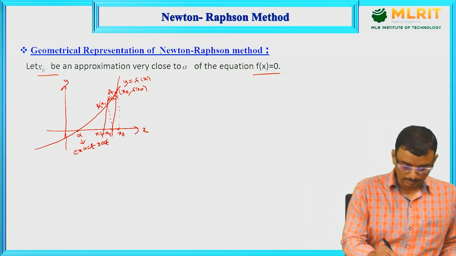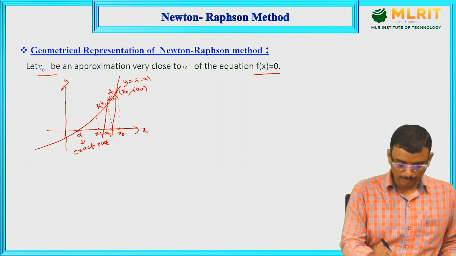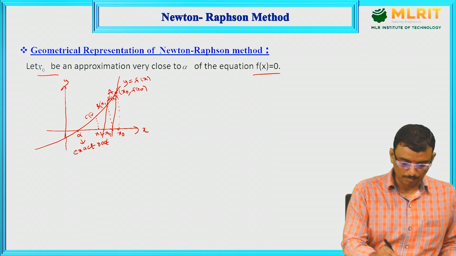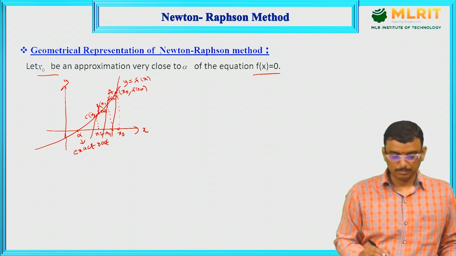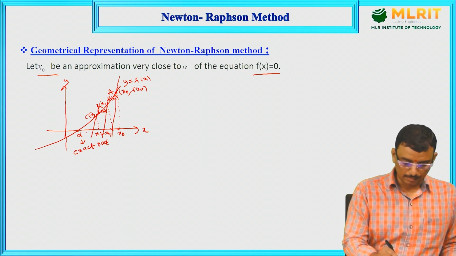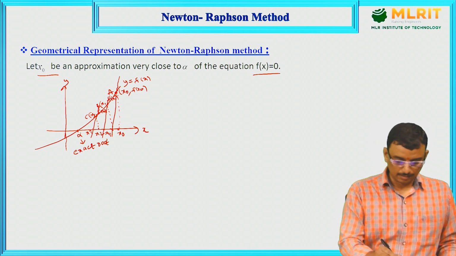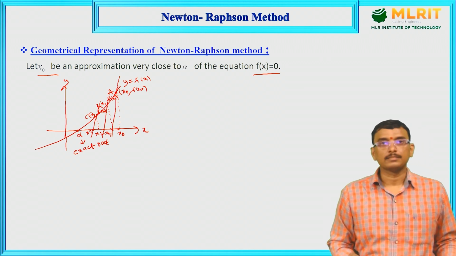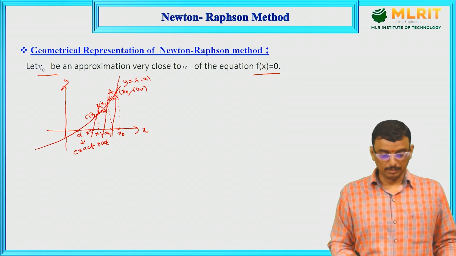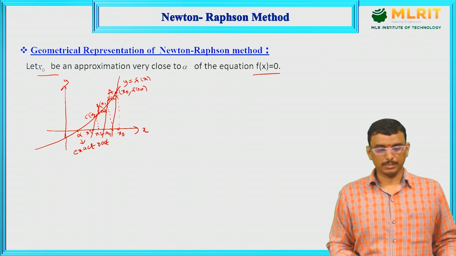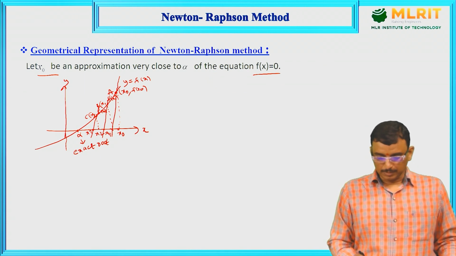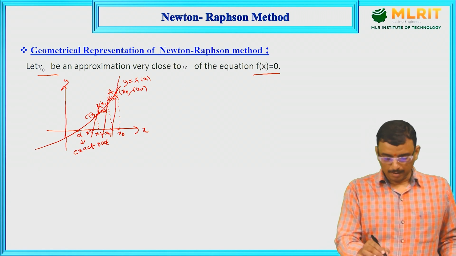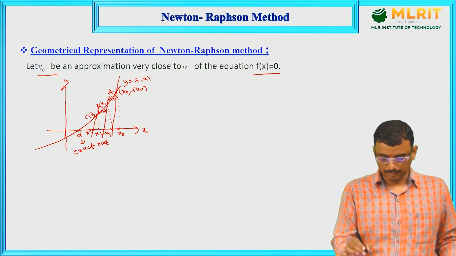So again take the image of this point, and this will be the C of x2 comma f of x2. And again draw a tangent at this point. So this cuts the x-axis at x3. So like this we will continue this process until we get a better approximation root to alpha. Now this is the graphical representation of Newton-Raphson method, and how to find this equation we'll see.